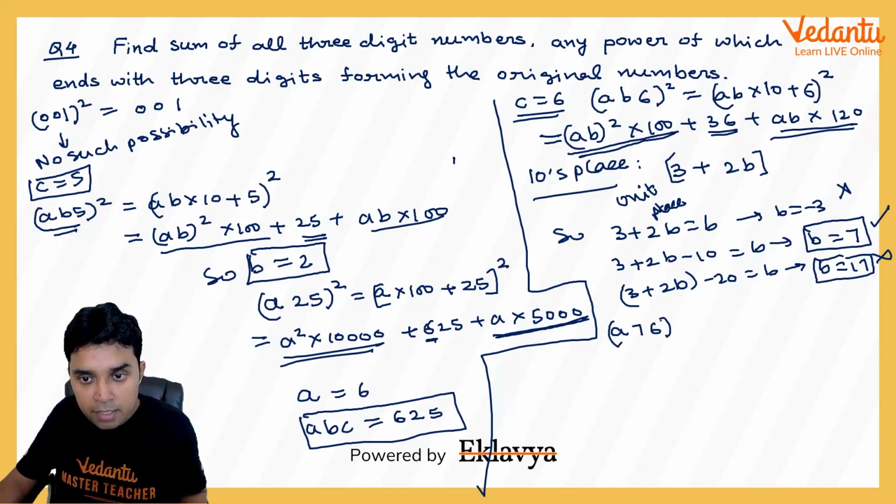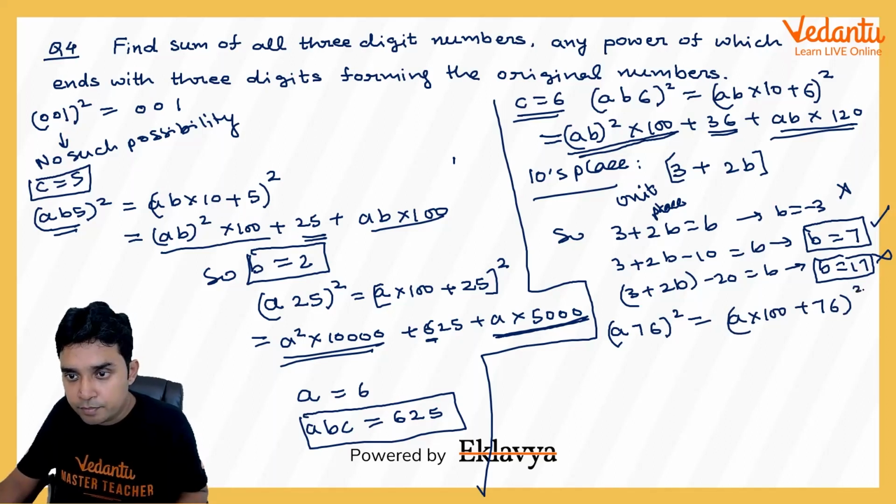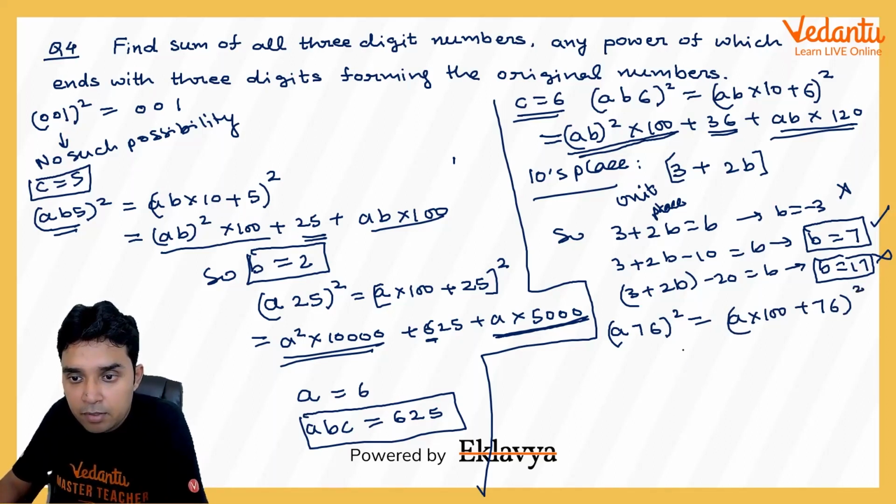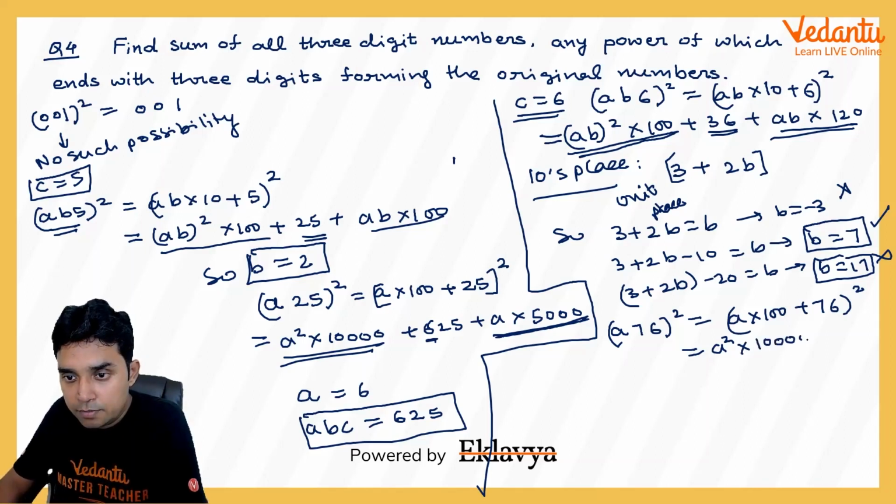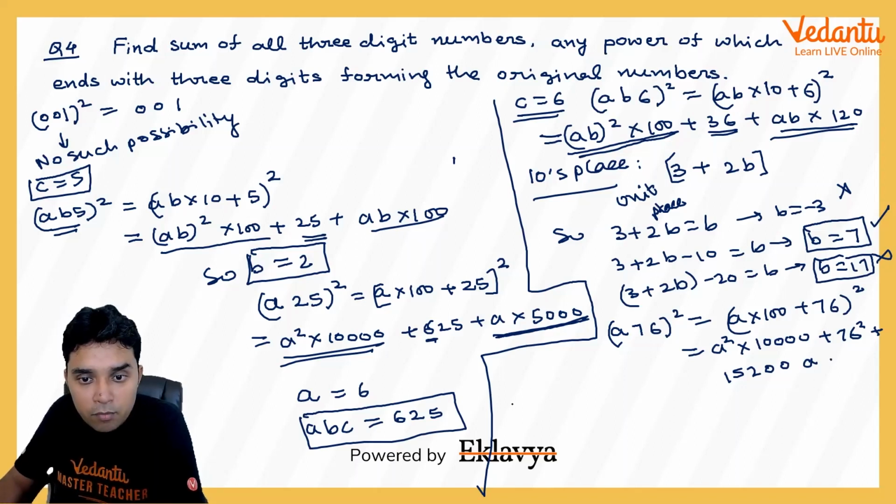So a 76 square, and it will be a into 100 plus 76 whole square. Okay, if we expand it, we will be getting a square into 10,000 plus 76 square plus 152,000 into a. Now we are looking for hundreds place.